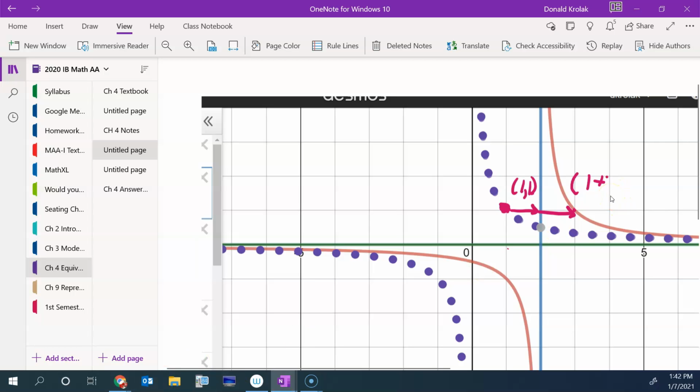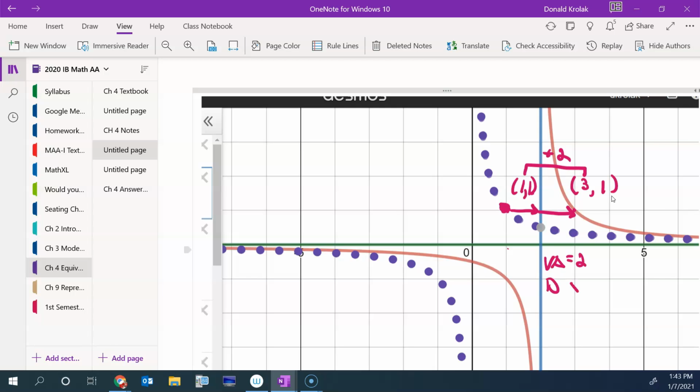So this would have been from 1, 1 to 3, 1. All I did was take the x coordinate and add 2. The y coordinate didn't change. The vertical asymptote changed, so that means the domain changed. The domain now is not allowed to be 2. Nothing else changed.